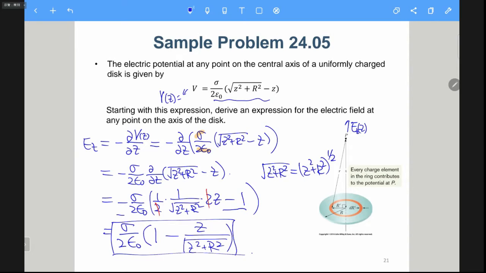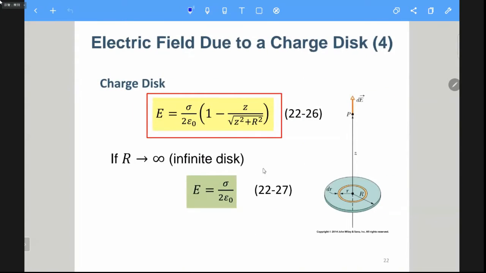And this expression is the same as what we derived in chapter 22. If you still remember, when we calculated this expression at the time, we needed to separate the disk into many rings, find the dE in different directions, do the cancellation, and then do the integration.